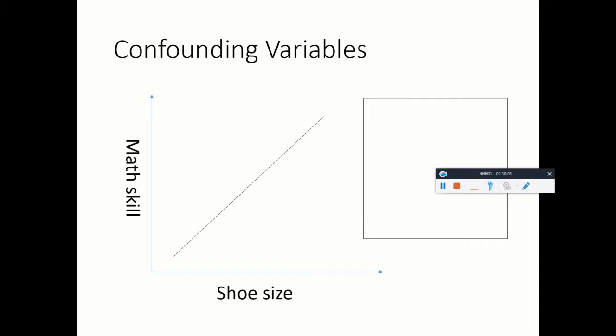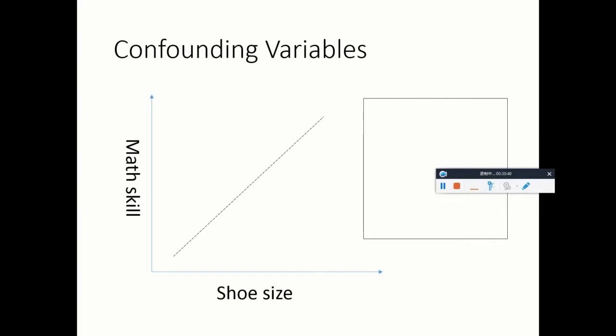The question is, of course, that doesn't make much sense at all, right? This correlation is very counterintuitive. How could a person's shoe size correlate with the person's math ability? That poses a question for researchers to explain, to explain this unreasonable correlation.